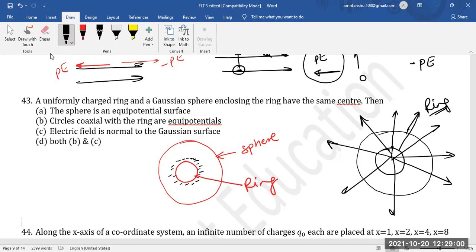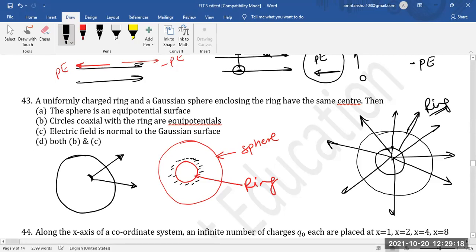However, when we talk about a sphere, it's something like saying that on a sphere, if I keep a charge over here, now this charge will obviously again be a potential, but when it comes to this surface, it's not equipotential at this point. Why?